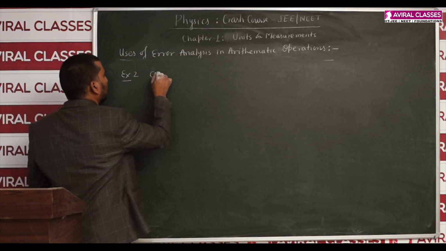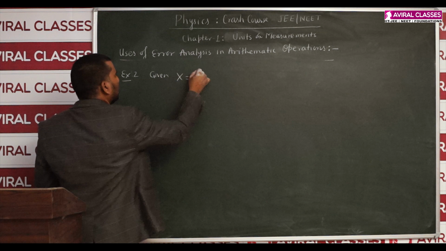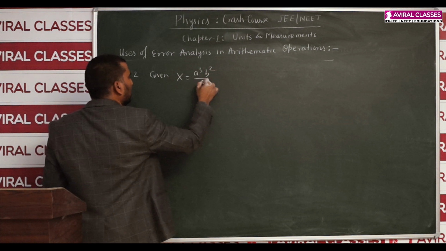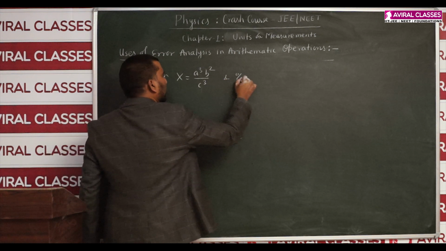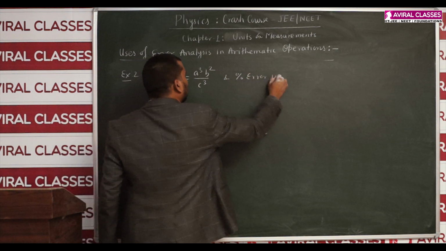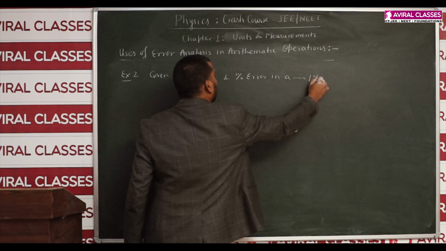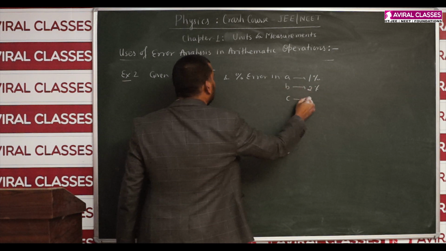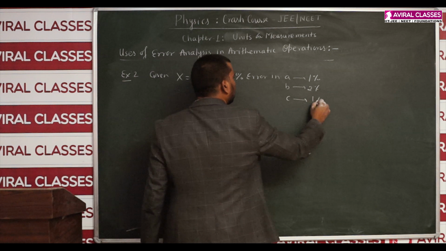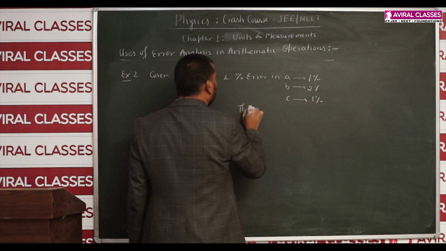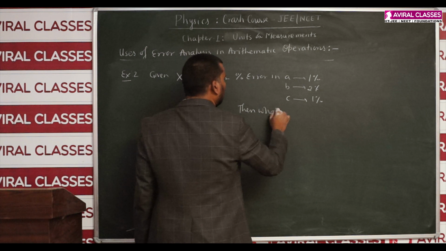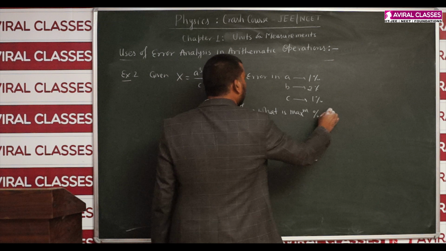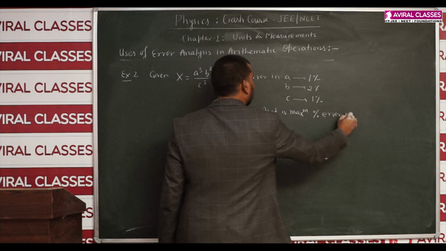It is given x is a to the power 3, b, c to the power 3, and percentage error in A is 1%, in B is 2%, in C is 1%. Then what is maximum percentage error in X?